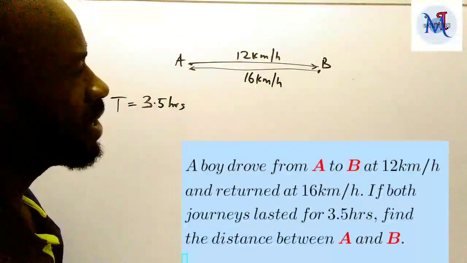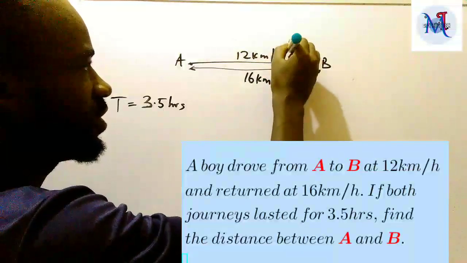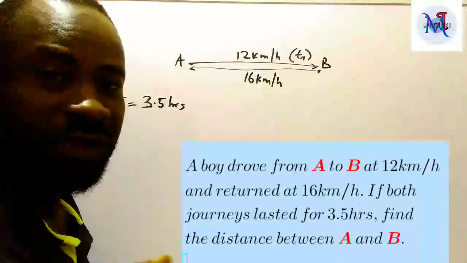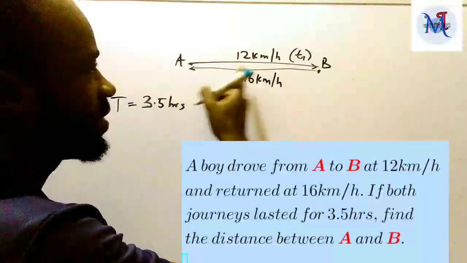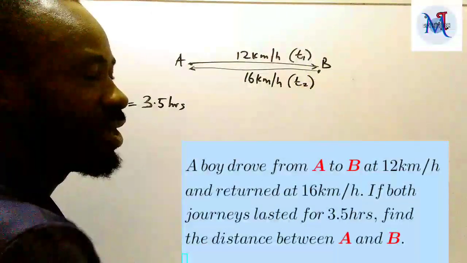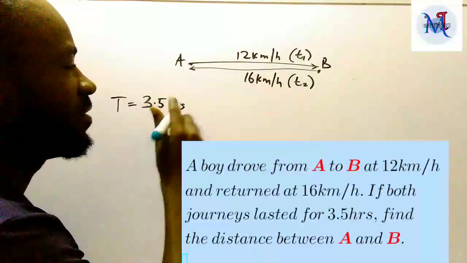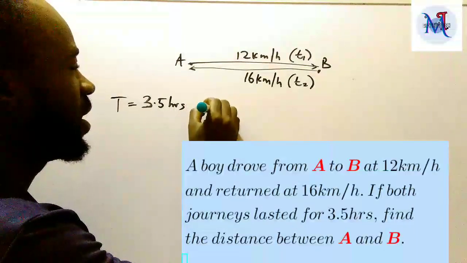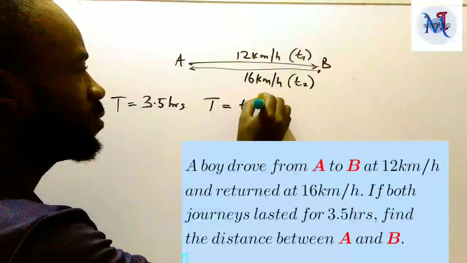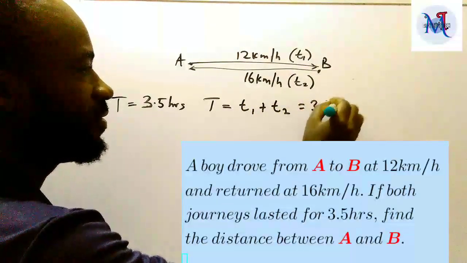Now remember we are not told the time taken for this first journey, so let's call this T1. We are also not told the time taken for this returning journey. Let's call that T2. Now, since we are told that the total time is 3.5, it simply means that capital T, total time, is equal to T1 plus T2. And that is 3.5.